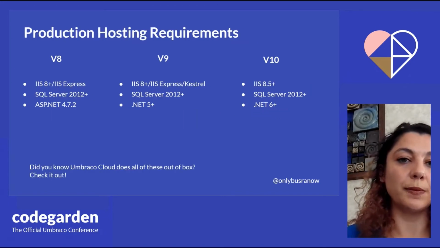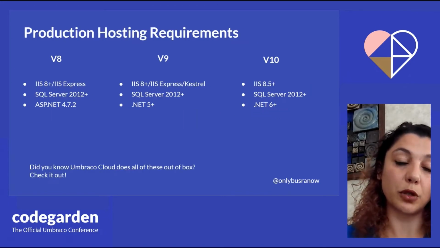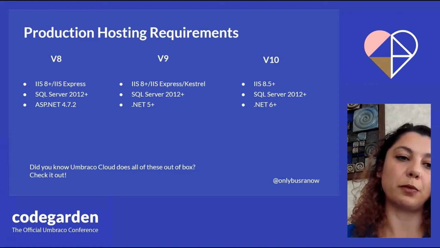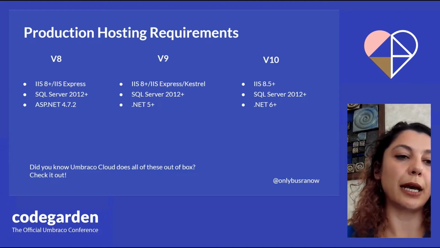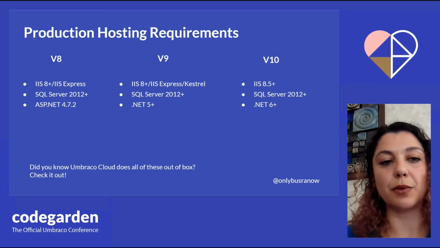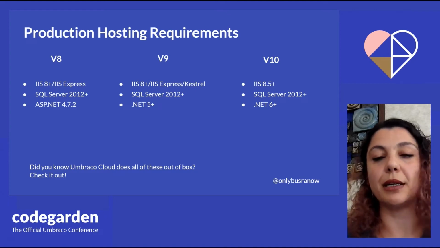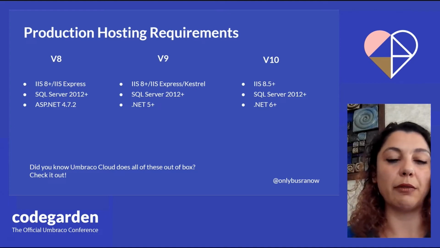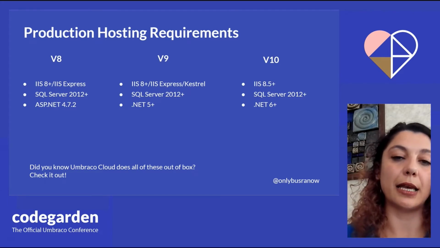Let's check some production hosting requirements. These are for production. You need IIS 8 or IIS Express for version 8, as well as SQL Server 2012 and ASP.NET 4.7. With version 9, you need IIS 8, IIS Express, or Kestrel, or any proxy with Kestrel.